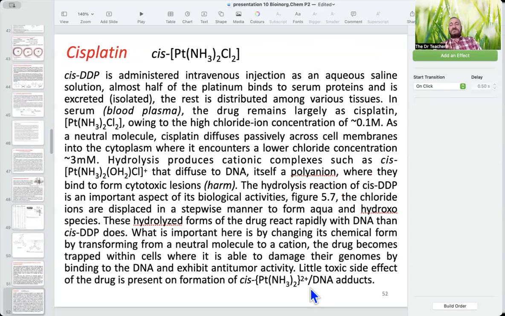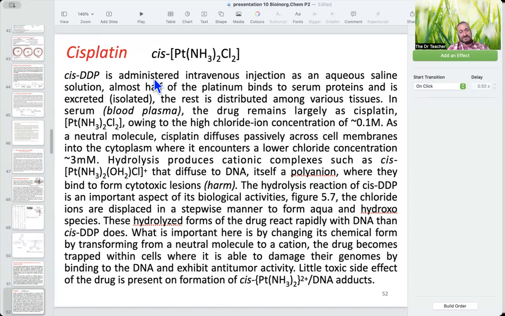Now, what is cisplatin here? Cisplatin, you can see here, is dichloride diammine platinum in the cis structure. Cis-diamminedichloroplatinum is administered intravenously.